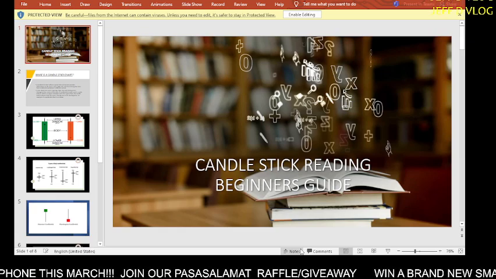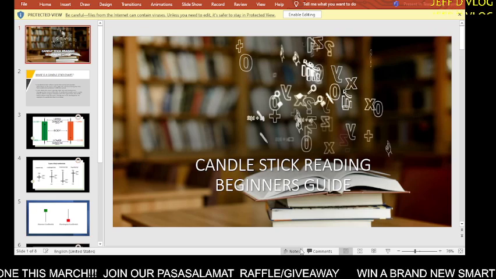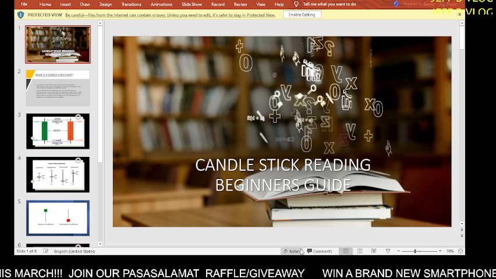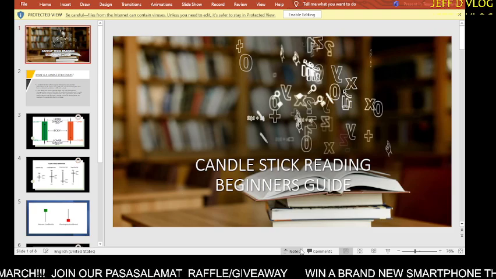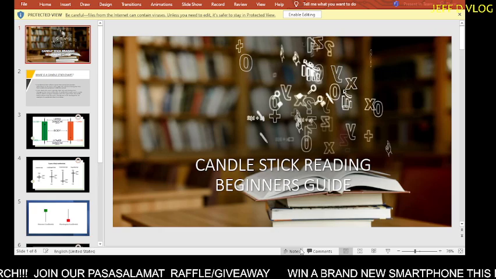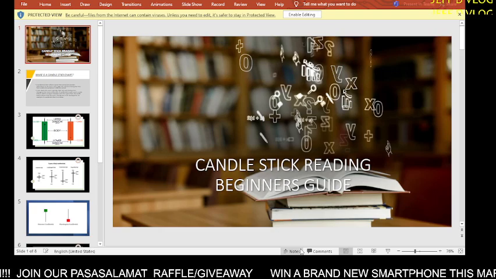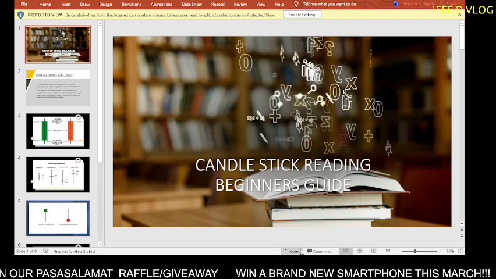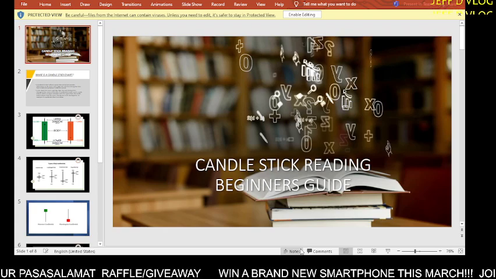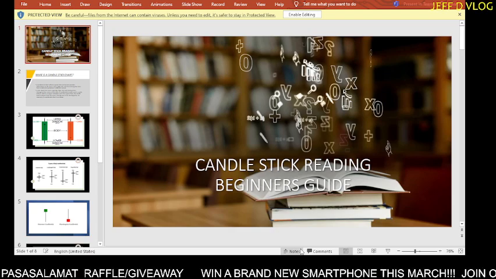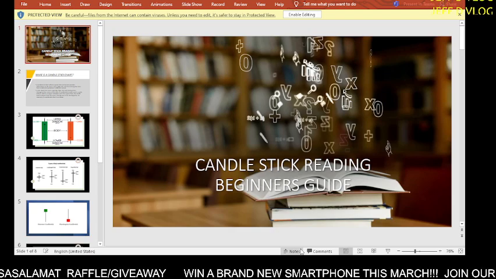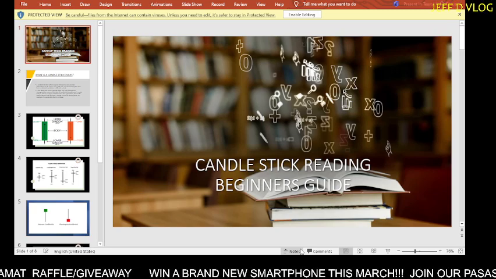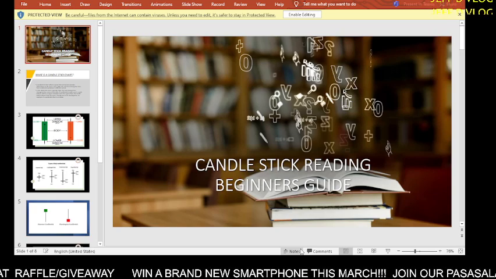All right. So what is a candlestick and why is it important for us to know at least the basics of candlesticks? If you are doing spot trading, scalping, or long trades, it's important, most especially for spot trading, that you know how to identify the trend using the candlestick.